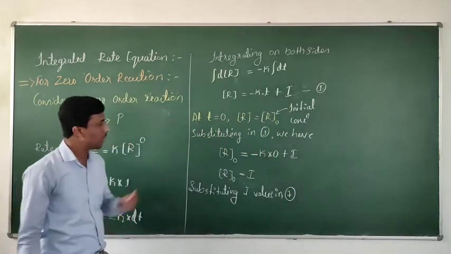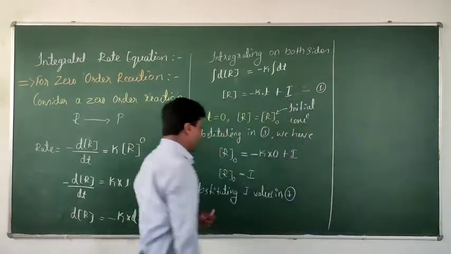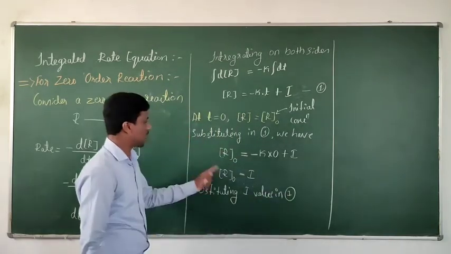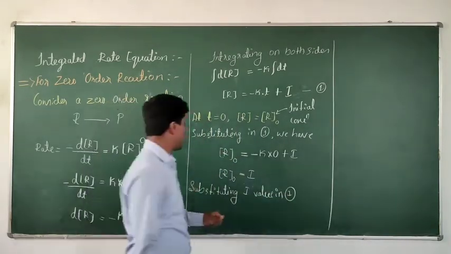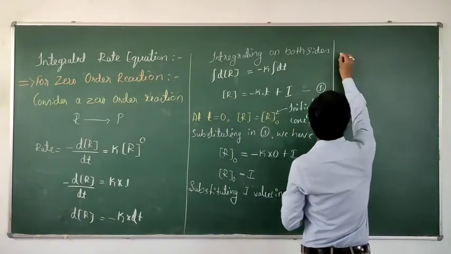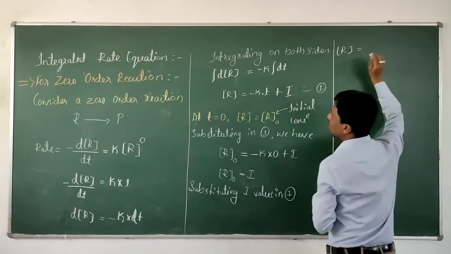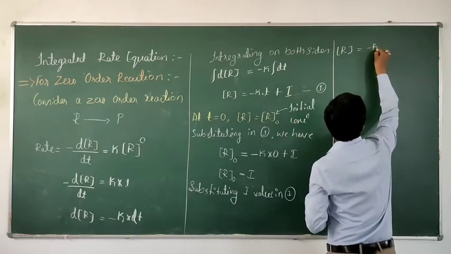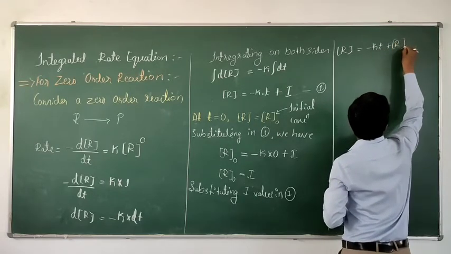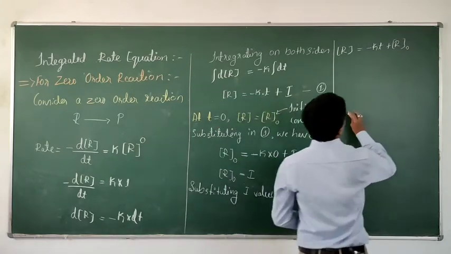What do you get now? R is equal to minus k into t plus r0.